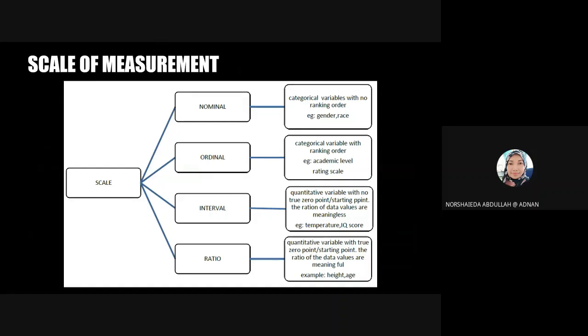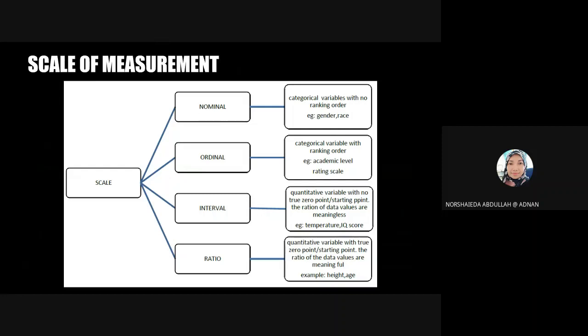Okay, and the variable also we can classify it into scale of measurement. Okay, so we classify the variable into scale of measurement untuk start. So kita boleh decide what kind of analysis yang kita boleh guna untuk variable tu.